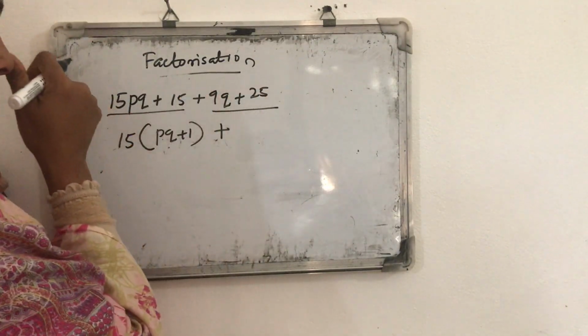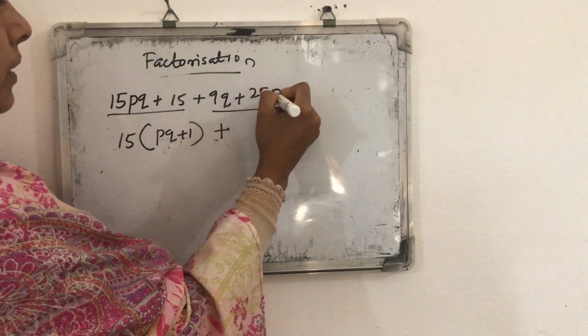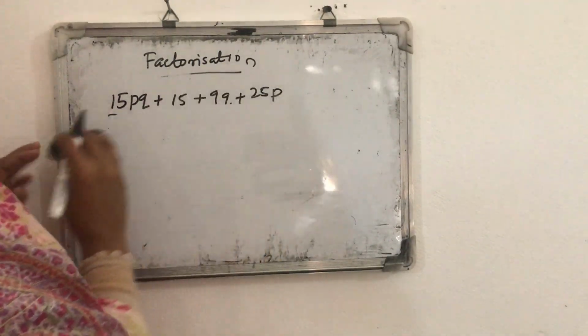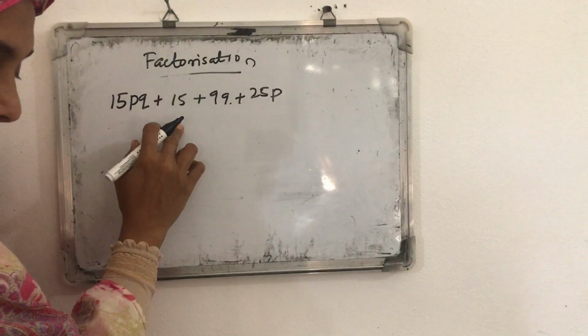There is 25p. There is a mistake in the question, so how now can we do it? The question is 15pq plus 15 plus 9q plus 25p.